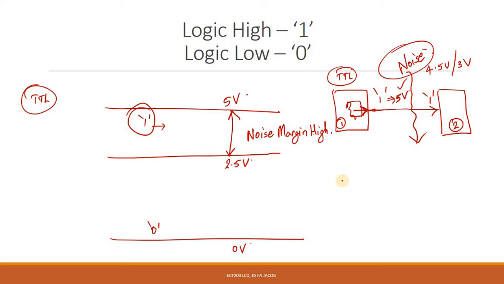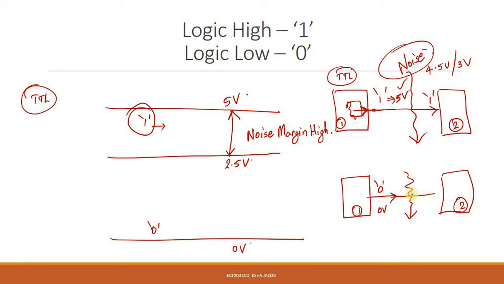Right. Now, if I take logic 0, the story is similar. If I take this first circuit here and the second circuit here, the circuit produces logic 0, which is a perfect 0 volt. So perfect logic 0, designated by 0 volt, as it is transmitted over the channel, gets affected by noise and comes to the input of my second device.